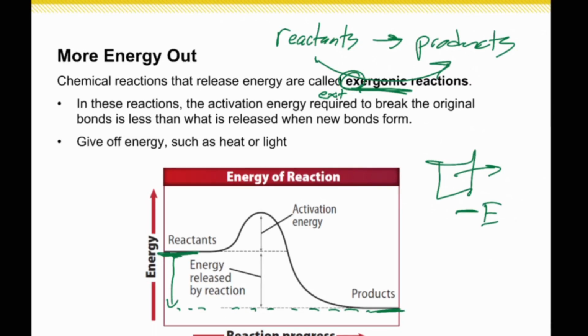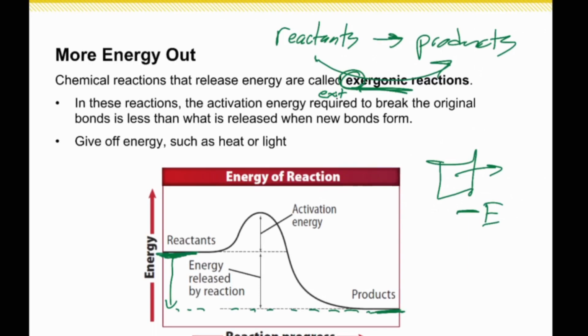So this is an exergonic reaction. So when you're looking at these diagrams, you're just comparing the reactants to the products. If the product energy is lower than the reactant energy, then something happened to the energy. It left the system. It was released. It exited.